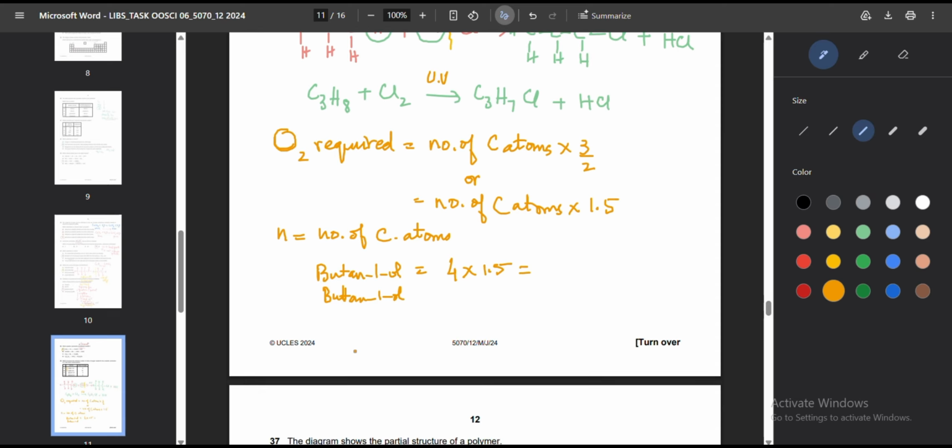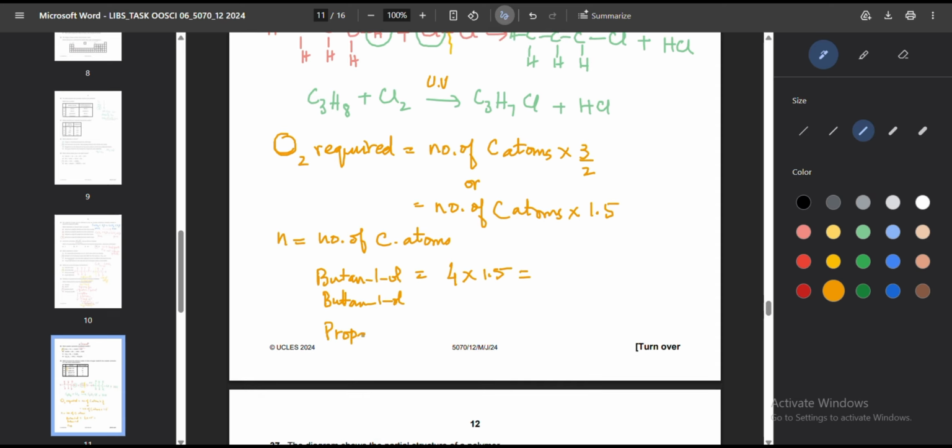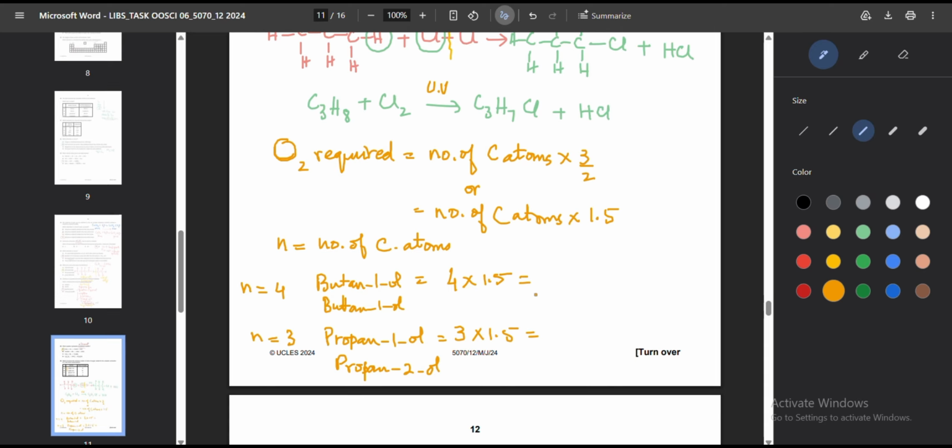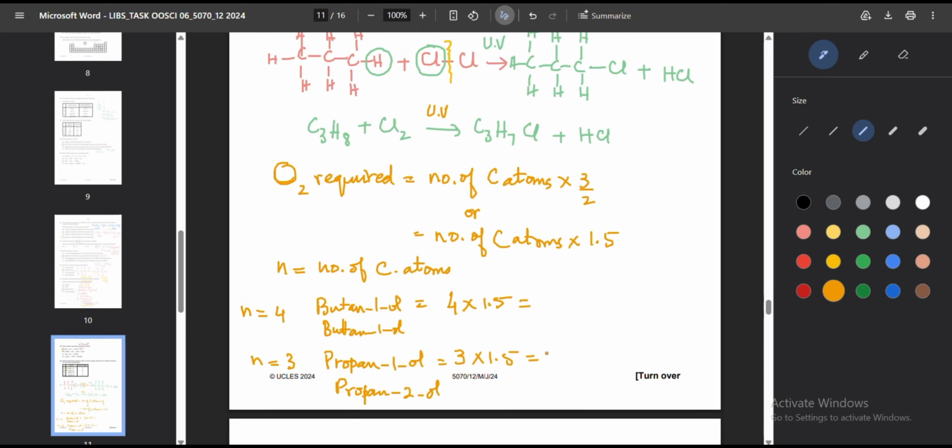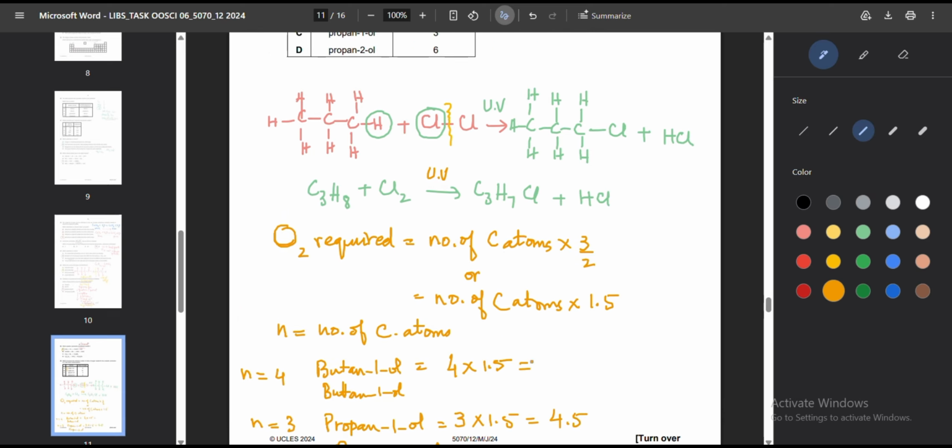And for propane, whether it is propane 1-ol or propane 2-ol, the number of carbons would be 3. So it would be 3 multiplied by 1.5. So when you multiply it, your answer would be 4.5, and over here the answer is 6.